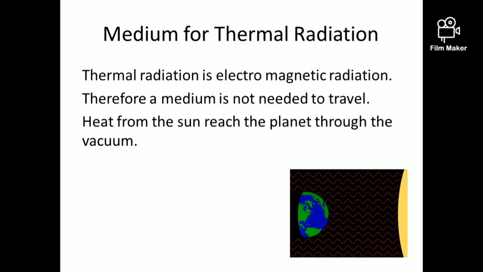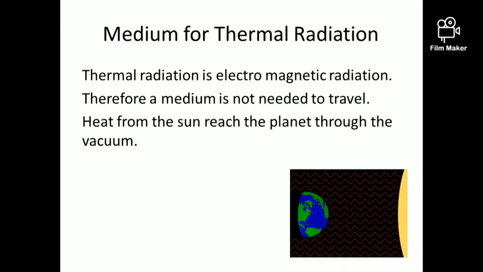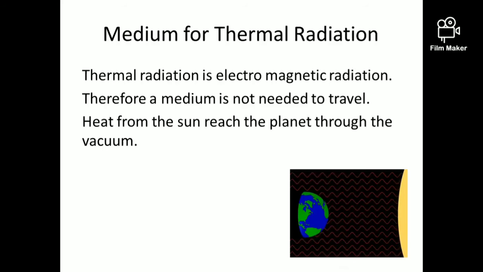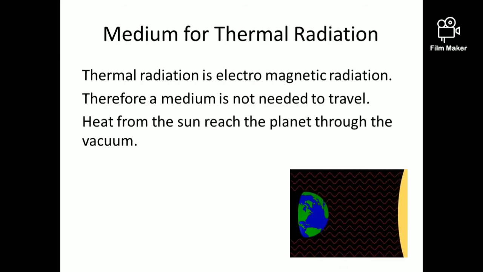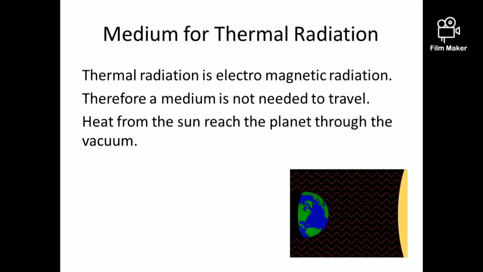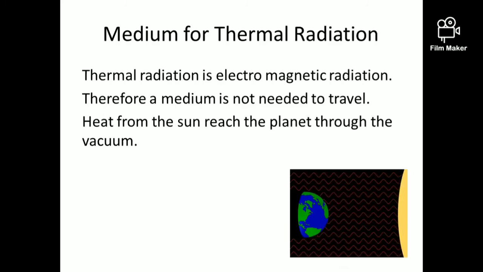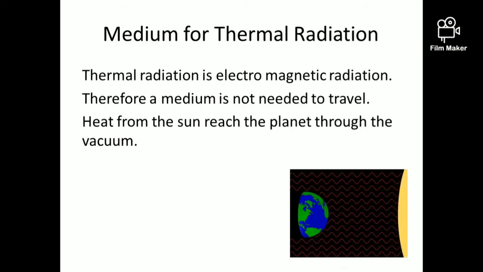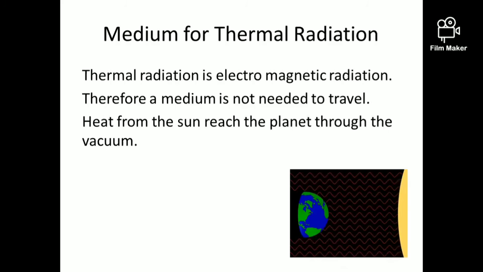As a result, in most situations, to perform thermal conduction you need a solid material, or very rarely thermal conduction occurs in fluids as well. But thermal convection, as we have discussed in this video, occurs mostly in fluids. But radiation is electromagnetic radiation, and it does not need any medium to travel.